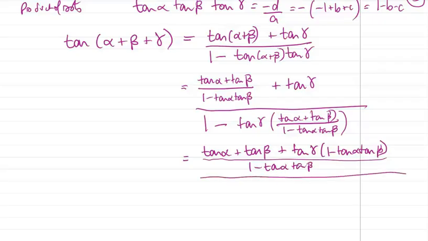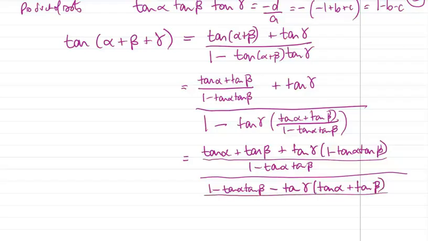And the denominator, I'm just going to do a similar thing: 1 minus tan alpha tan beta minus tan gamma outside of tan alpha plus tan beta, and all of that is sitting on a little denominator there of 1 minus tan alpha tan beta.